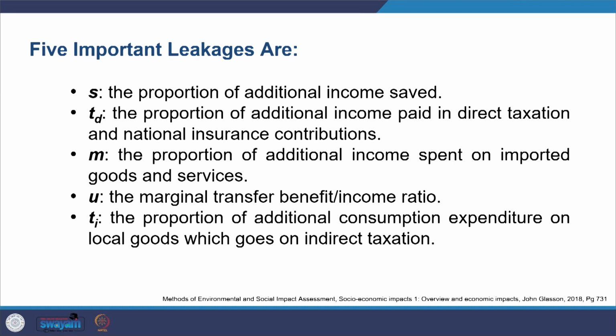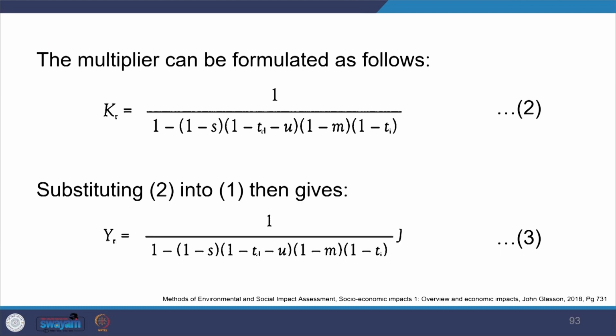Then there are marginal transfer benefits, where they would send money home to their own native places. And then the proportion of additional consumption expenditure on local goods, which goes to indirect taxation also. So those kinds of leakages can also happen. Usually those are all summed and divided in the formula, so that way you can have a realistic estimation of that.